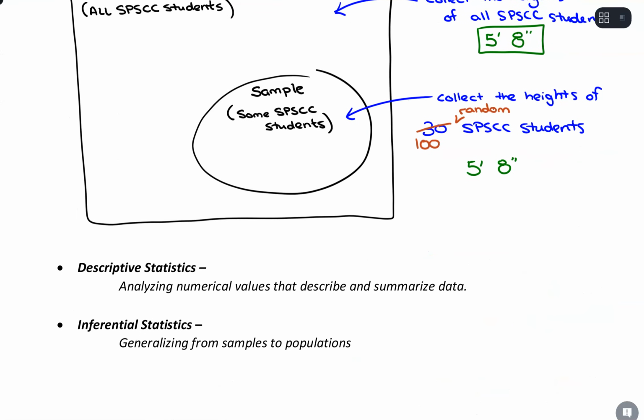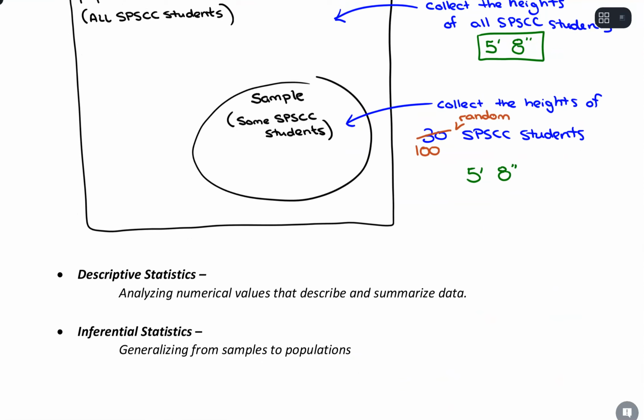Last piece we're going to talk about here, which I mentioned this term descriptive statistics up above, and then this idea of working with samples and population is the idea of inferential statistics. These are the two types of statistics we're going to focus on in our course. So descriptive statistics, this is where we're describing data and we're analyzing specific numerical values.